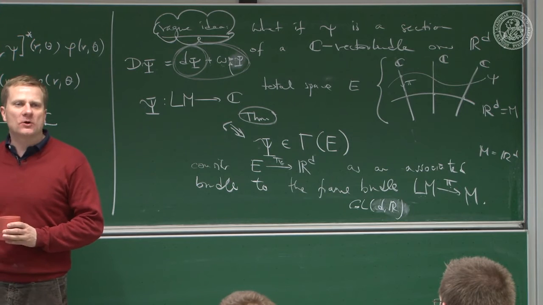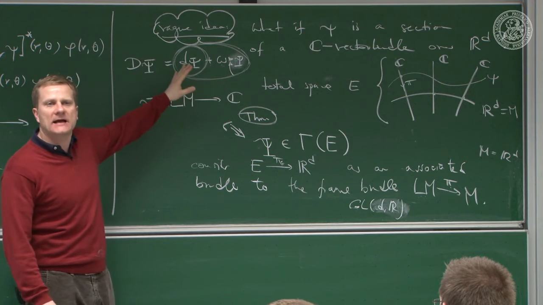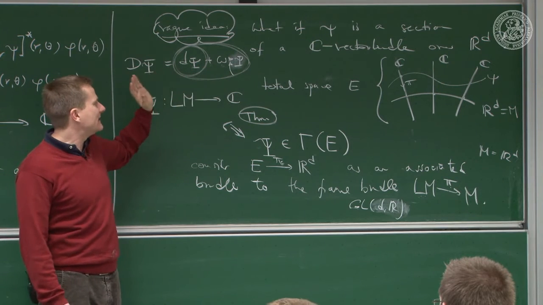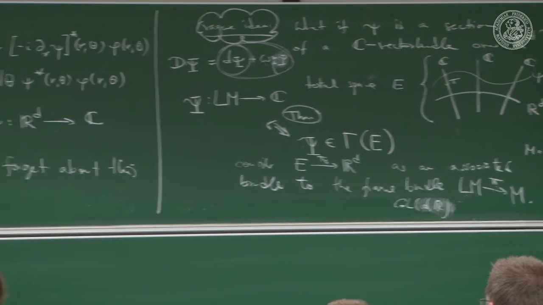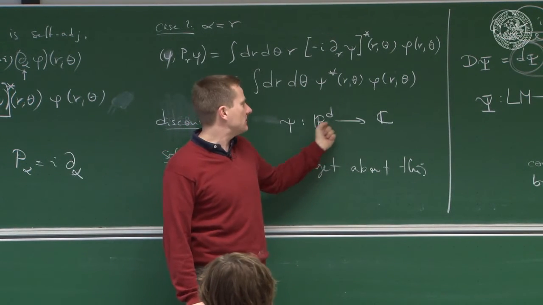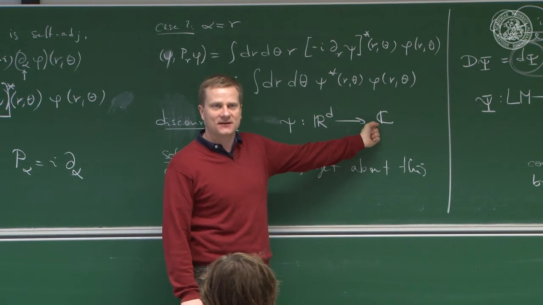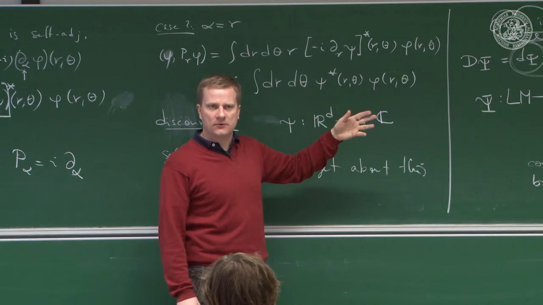Okay, so this is the quantum mechanics that works. Yeah. And we have a rather highbrow mathematical idea here. We're claiming that you have to get rid of a cornerstone of standard textbook quantum mechanics, namely that the wave function is a complex valued function on the physical space. We want to throw this out.